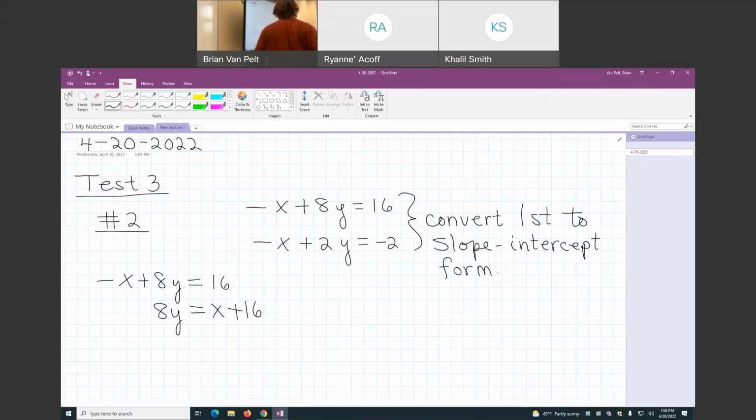Divide by 8. So you get y equals 1/8 x plus 2. Let me pause there. I do that pretty fast, and I don't know that everybody follows how I go from this step to that step. You can tell you go from 16 to 2 by dividing by 8. But what about the 1/8 x?